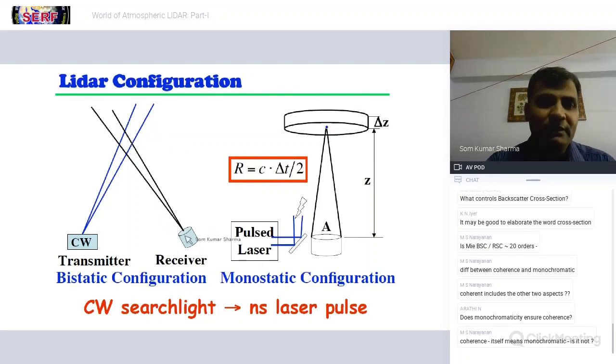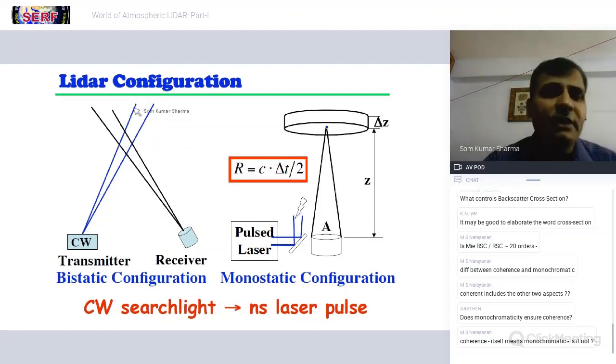So there is a mechanism by which you can tilt this telescope, in this direction and in that direction. By changing the angle of the tilt of the telescope, using the continuous laser, you can get information here, here, here, and so on.